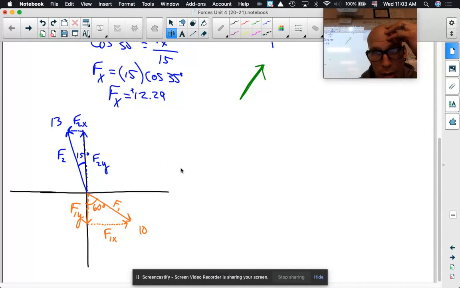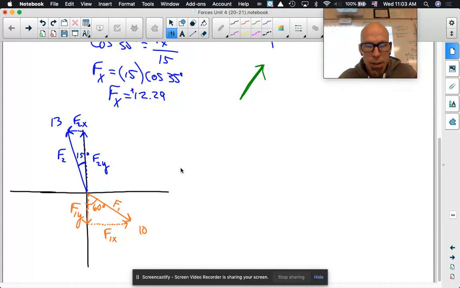Now, here's where things get a little tricky and a little messy. We have to add up the components. Like, how do you know what this vector plus this vector is? Well, you add the x's together, and then you add the y's together, and that gives you the resultant. That gives you the components to your new vector, like the green one here.